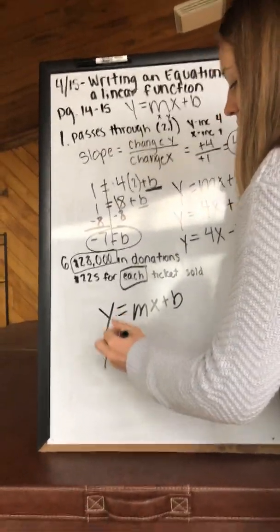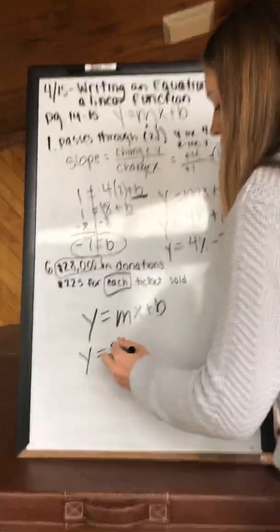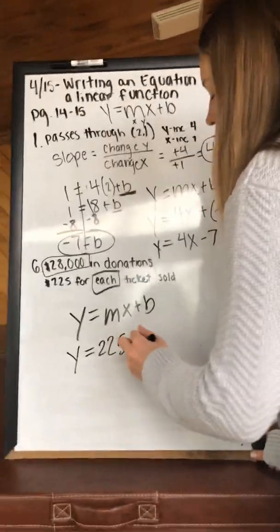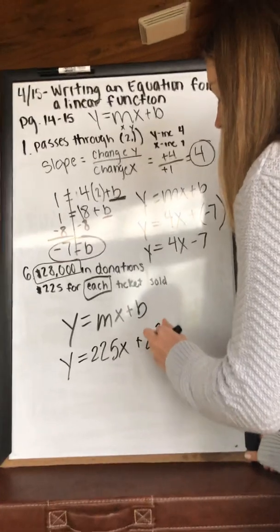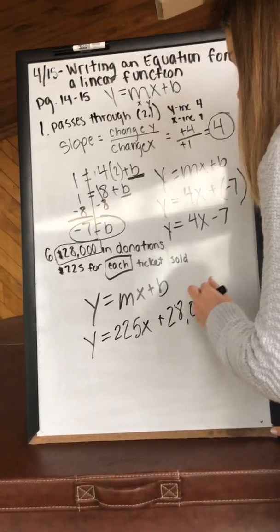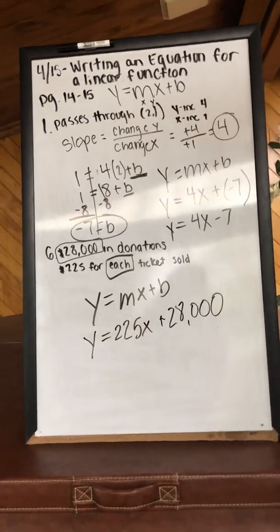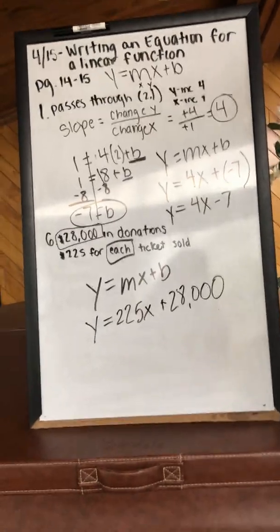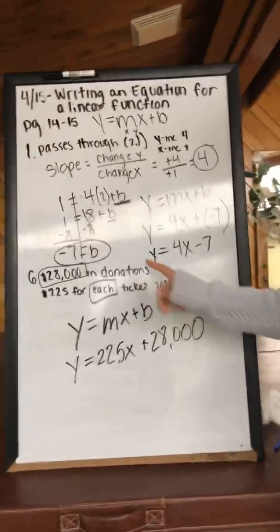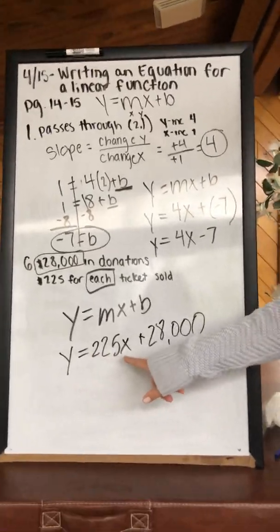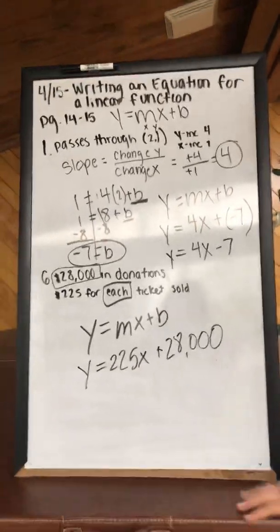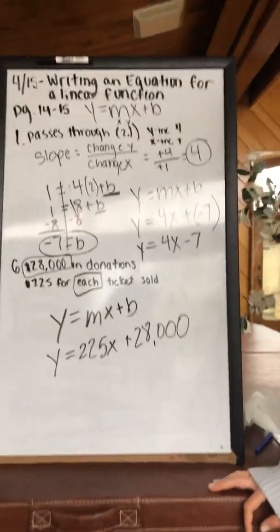So y equals 225, which is your slope, x, plus $28,000 in donations. To find the total amount, you would take the number of tickets that they sold. Let's say that they sold 50, 225 times 50, plus 28,000.